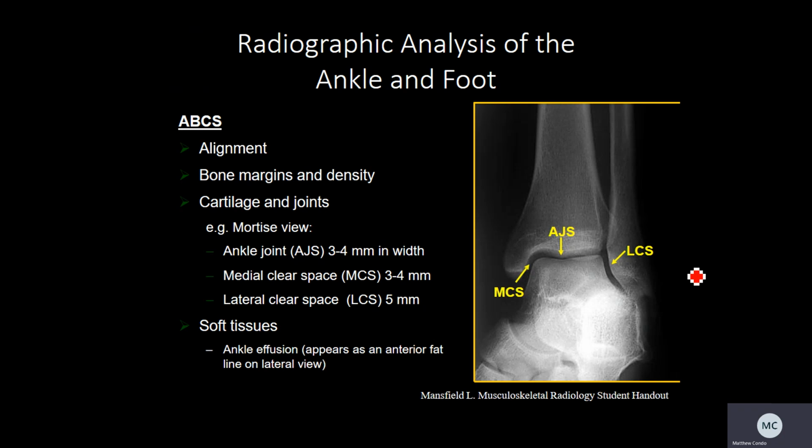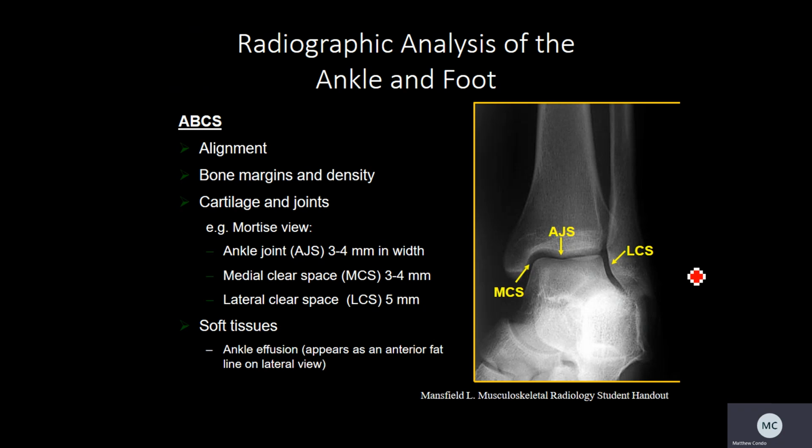Now, what we should see: ankle joint space should be 3 to 4 millimeters in width, no more. Lateral clear space should be 5 millimeters in width, no more. Medial clear space should be 3 to 4 millimeters in width, no more.